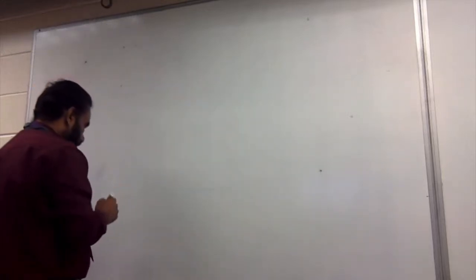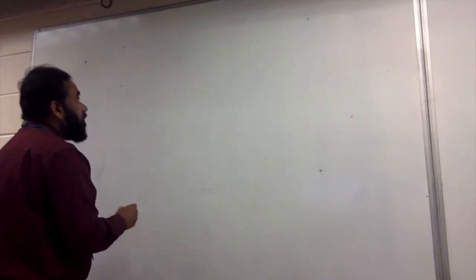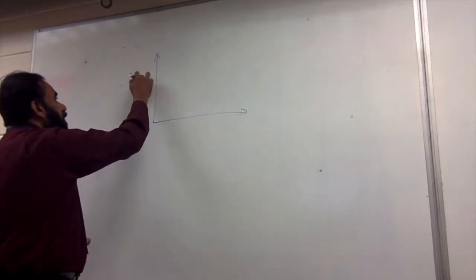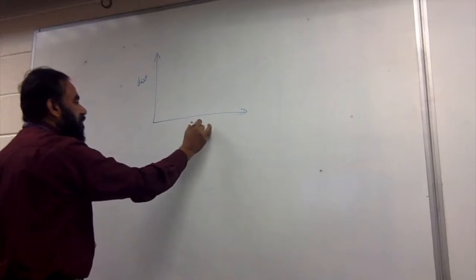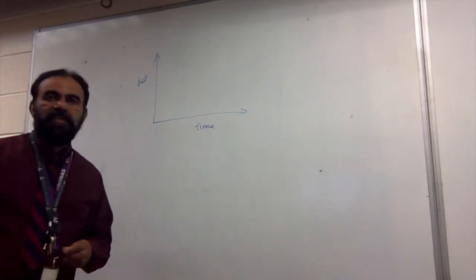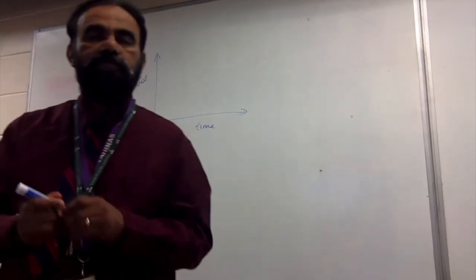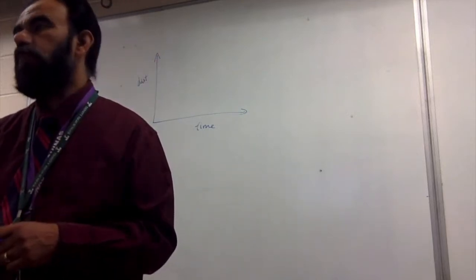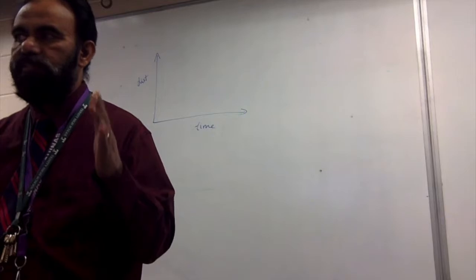The first graph, distance time graph. On the x-axis is the time axis, and then the other one is the distance. You know what is distance, right?